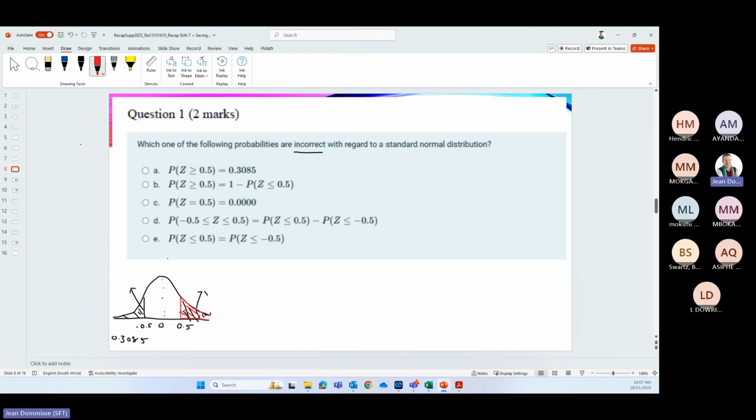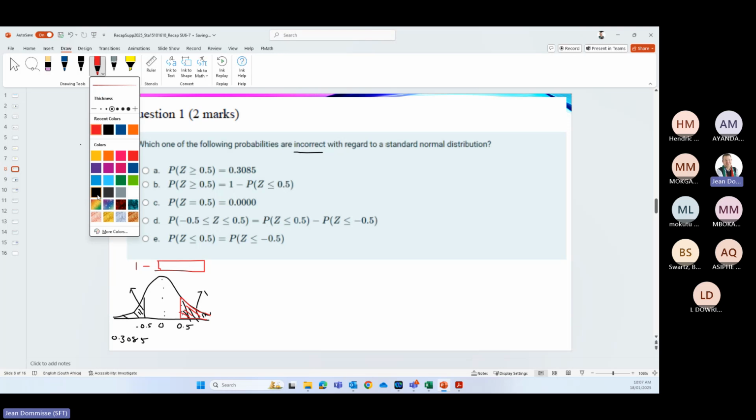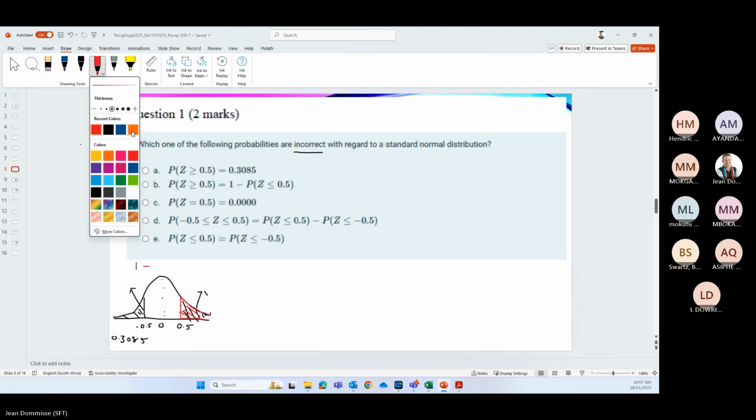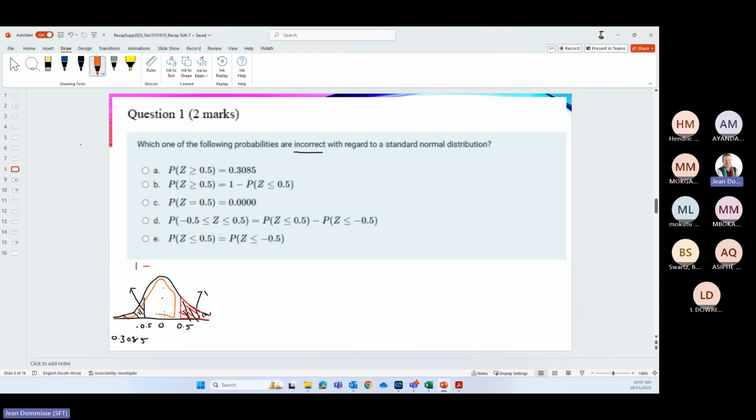What we can also do is say, to get this area, we're going to take the whole underneath, which is equal to 1. 1 minus this orange component will give us that red component.